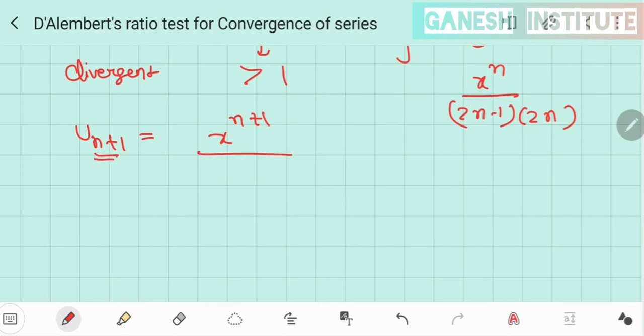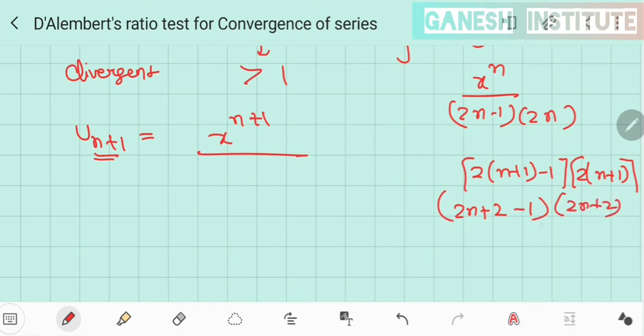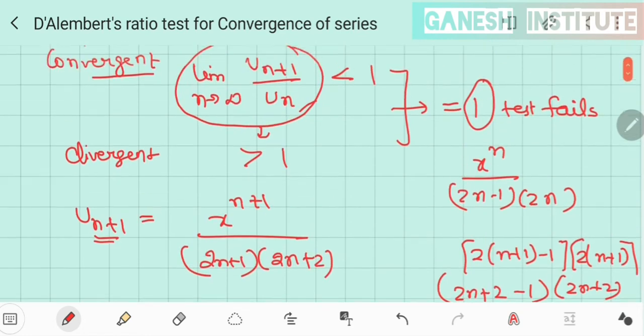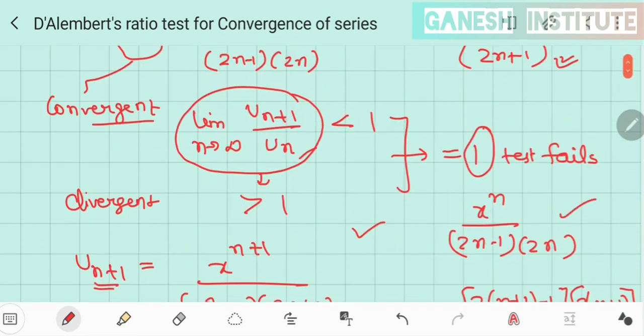So x raised to power n plus 1, divided by 2 times (n plus 1) minus 1, and 2 times (n plus 1). That means 2n plus 1 and 2n plus 2. Now you have got un plus 1 as well as un.